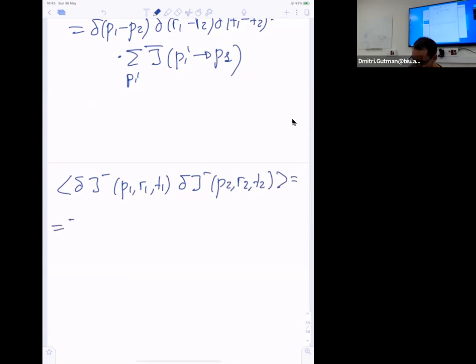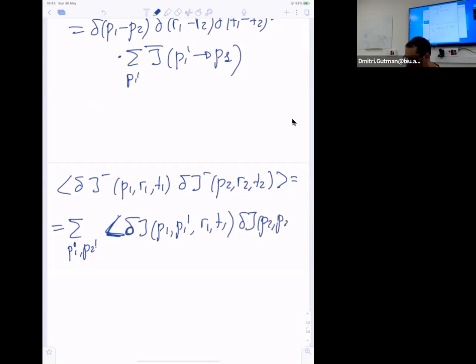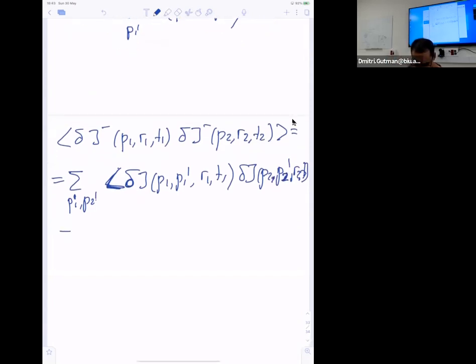I plug in again the expression for the outgoing fluxes: delta J of P1 prime R1 T1, delta J of P2 prime R2 T2. These have the same form but with 2 instead of 1.